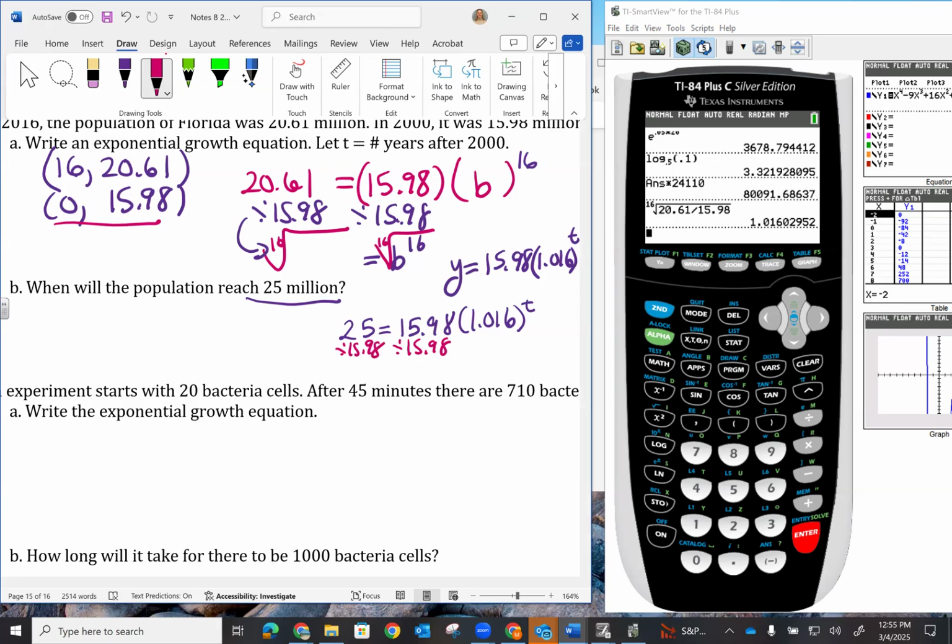And then you've got that quotient, okay? And you're going to switch forms to solve it. So you do log of 1.016 to the t equals that quotient. I would put this fraction right there. And if you type that in your calculator, it'll give you your answer, and your answer will be about 28.19 years.